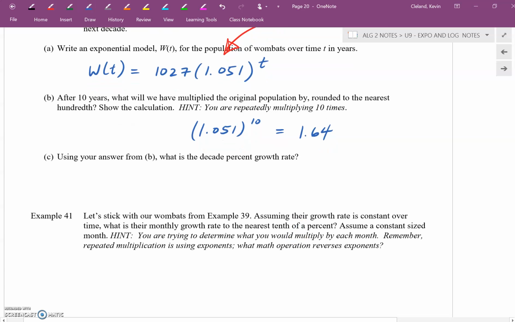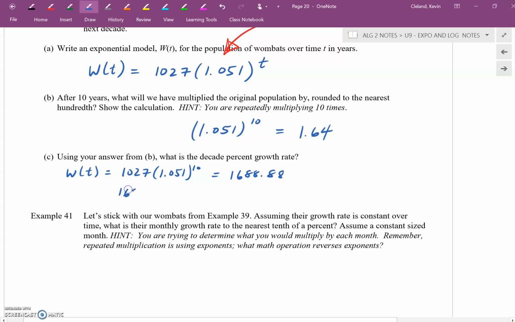In other words, what they're getting at is we could do this. We could do this and get 1,688.88 wombats in 10 years.